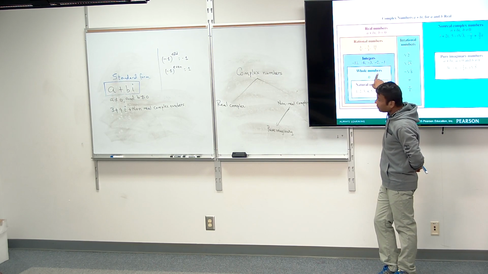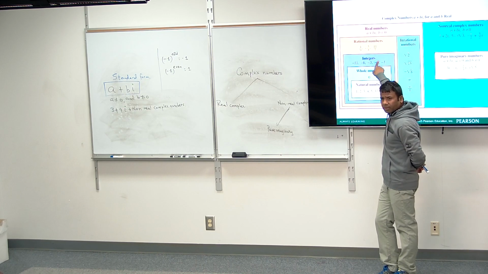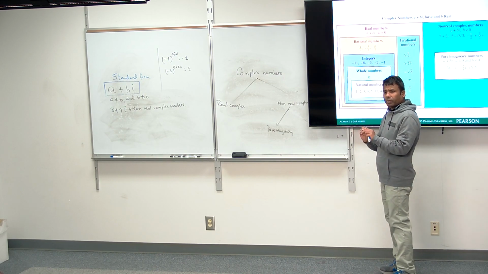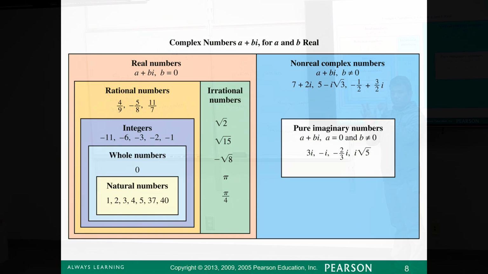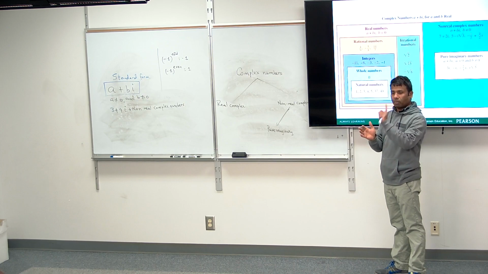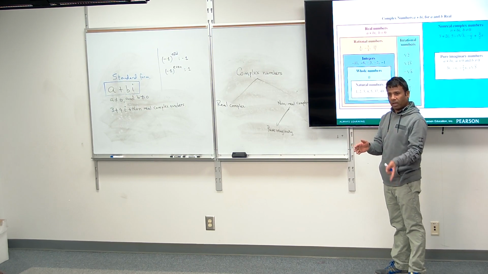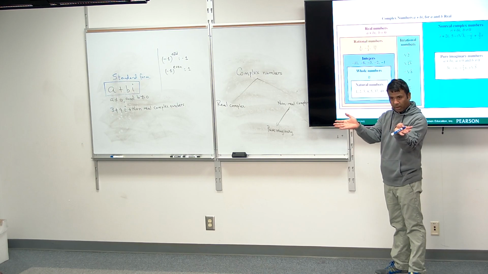Make sense? And then you go to the integers. So that means with the set of whole numbers, you add negative numbers. Then you have integers. Right? You see that? 0, plus 1, minus 1, plus 2, negative 2, 3, negative 3, 4, negative 4, 5, negative 5, 6, negative 6. You keep on going, okay?